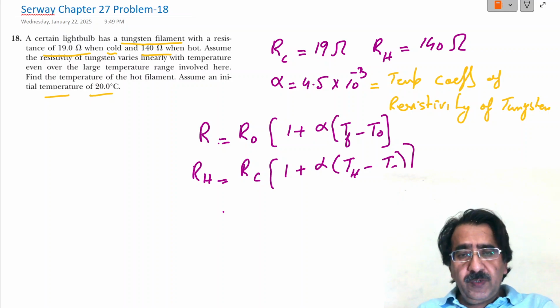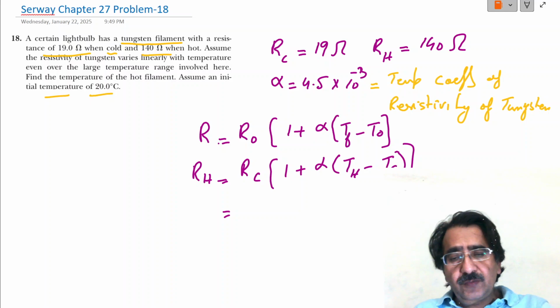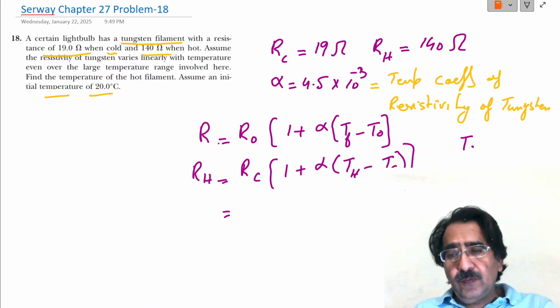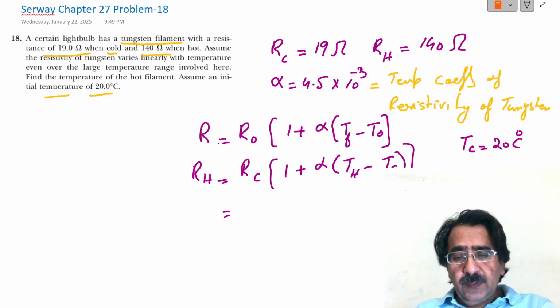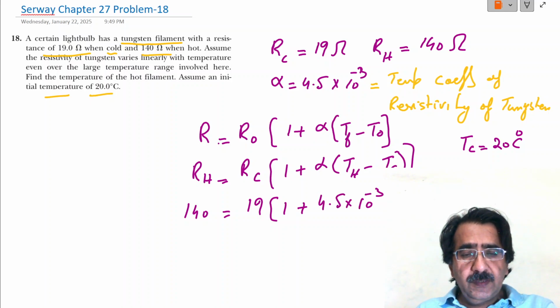By putting values, assuming the initial cold temperature is 20 centigrade, R hot is 140, R cold is 19, and alpha is 4.5 times 10 raised to power minus 3.